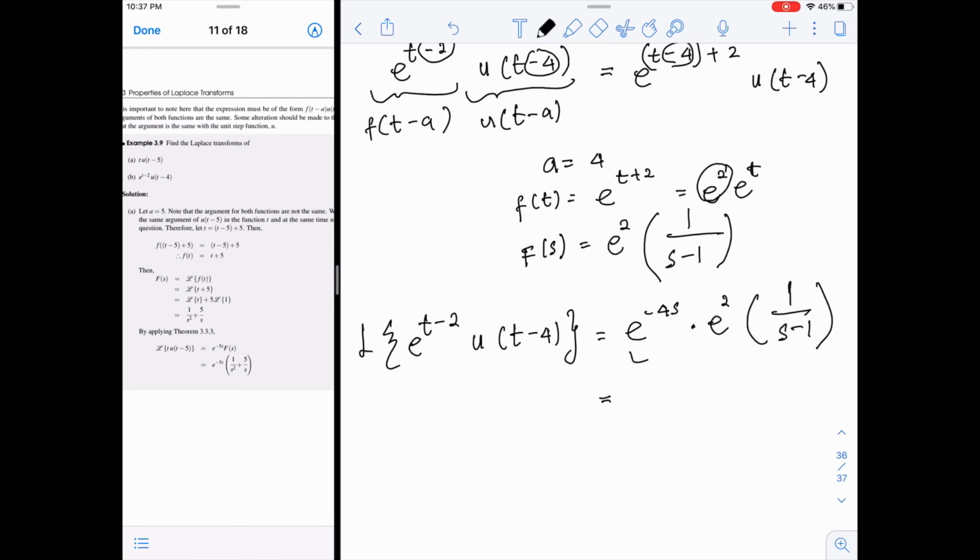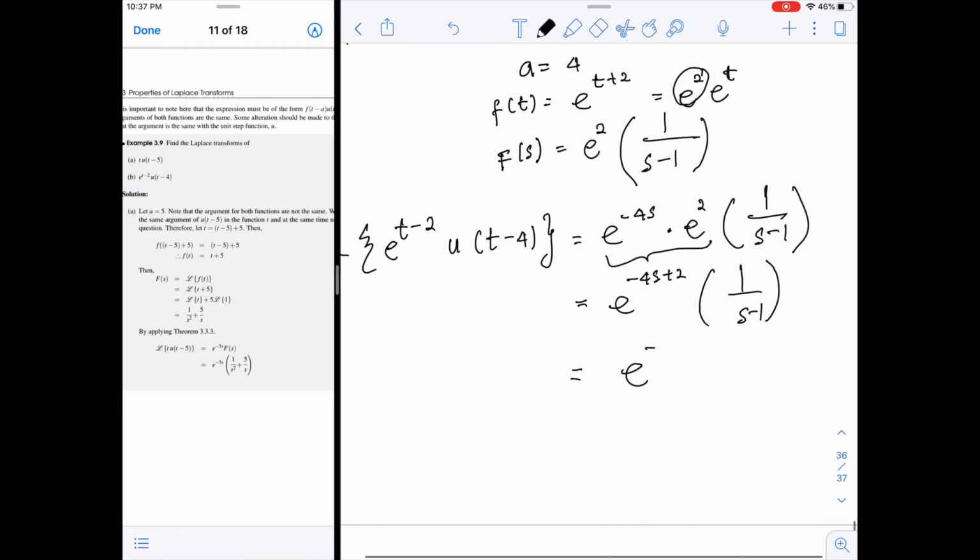This one you may combine, you will get exponent negative 4s plus 2, times 1 over s minus 1. Or you will have exponent negative 4s plus 2 over s minus 1.